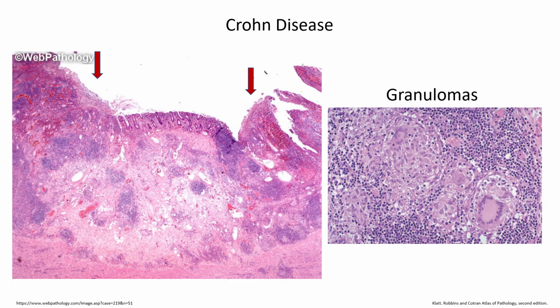In the picture on the left, we can see a microscopic image of a colon with Crohn's disease. Here we have ulceration, and then we have colonic mucosa, and then ulceration. And we can see here in areas of ulceration, the mucosa is denuded and is replaced by fibrinopurulent exudate.